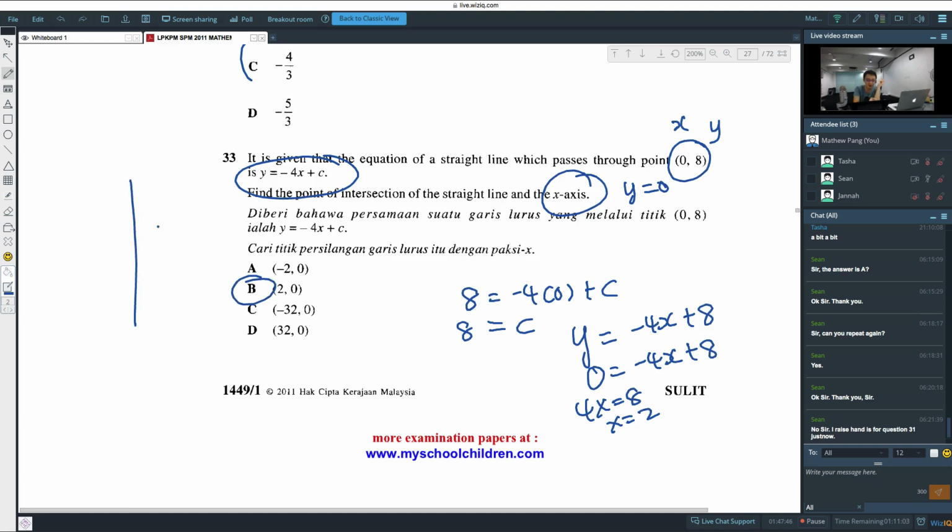Answer is B. If the straight line intercepts at 2 here, this one is called (2, 0), therefore this is why I choose (2, 0). Okay, let's move on to 34.